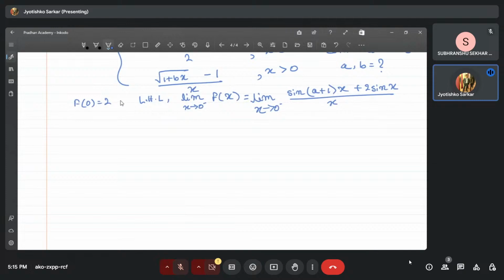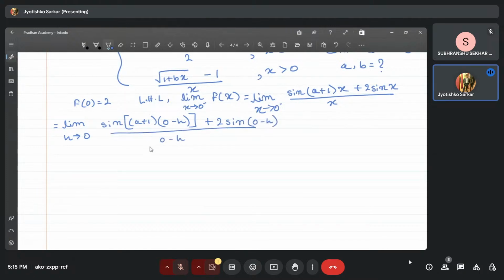Now by definition of limit we can replace it by h tends to 0, sine of (a plus 1) times (0 minus h) plus 2 sine of (0 minus h) divided by (0 minus h). So it will give us minus of sine (a plus 1)h.